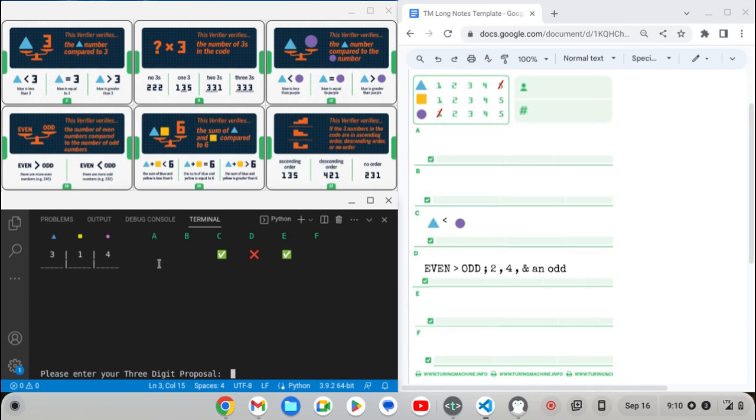The Turing machine confirms that. So yeah, it's true that triangle plus square must be less than 6. So let's go ahead and type that up, and that is in section E.